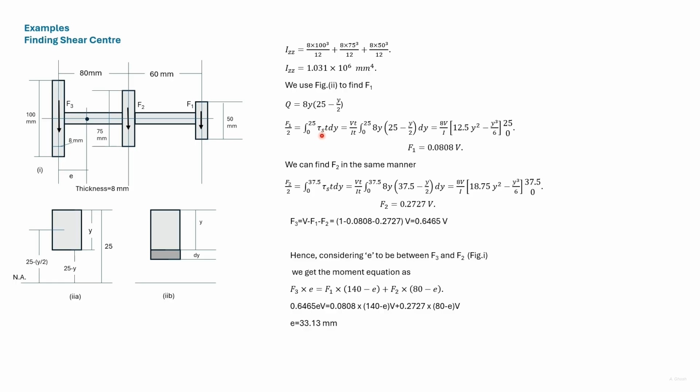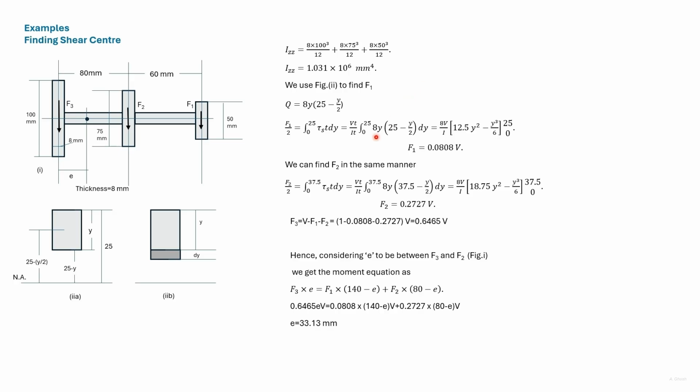Tau s is VQ divided by It. The t in the numerator and the t in the denominator cancel out. We take V divided by I outside the integral.